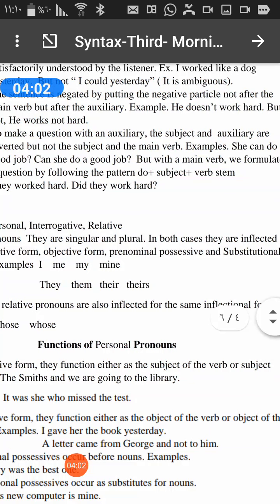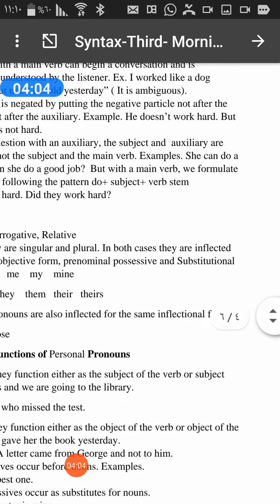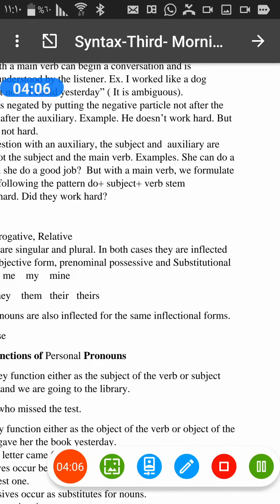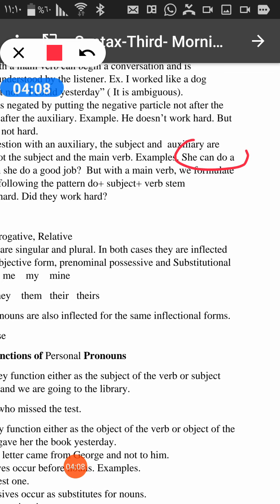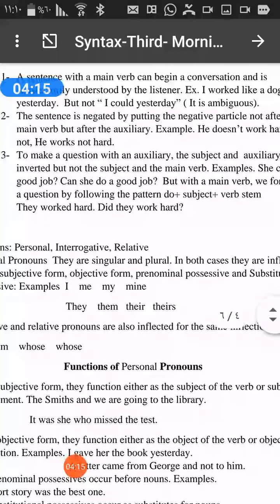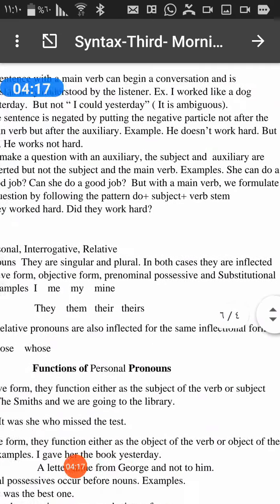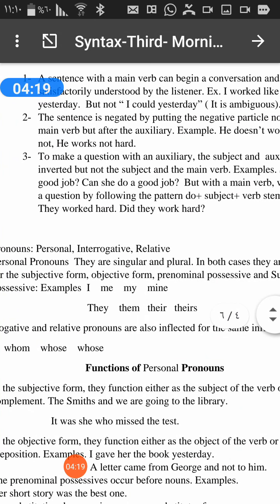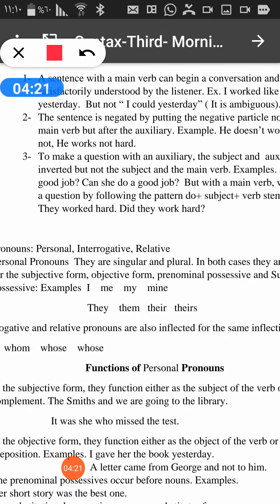So here for example she can do a good job. She can do a good job. This is a statement اللي جملة خبرية. If I want to change it into a question I just invert. I put can before she. Can she.